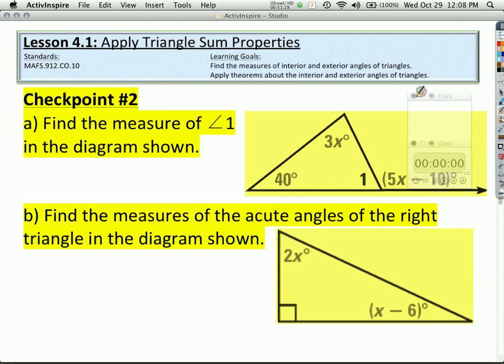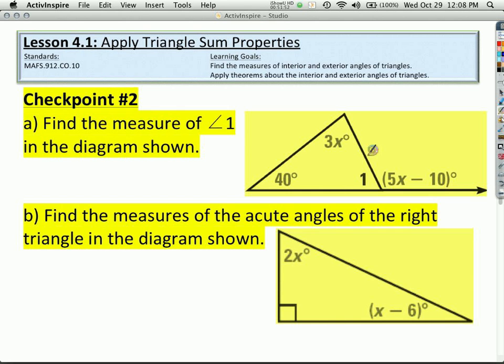Let's see how we did, start with part A. And I've got numbers 4, 6, and 11. Number 4, what did you get? 115.